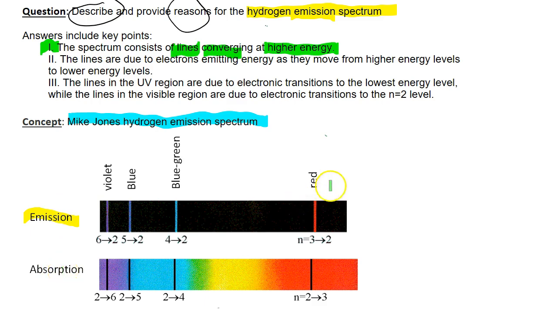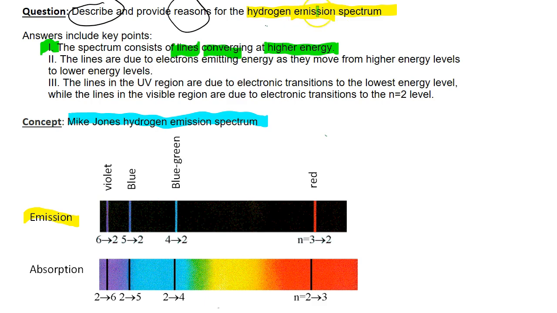The emission spectrum are discrete, means specific line, color lines on a black background, versus an absorption spectrum is the opposite of that. You have a background that have all the continuous color line and have black line that corresponding to where the electron have absorbed that specific photon of that specific color.